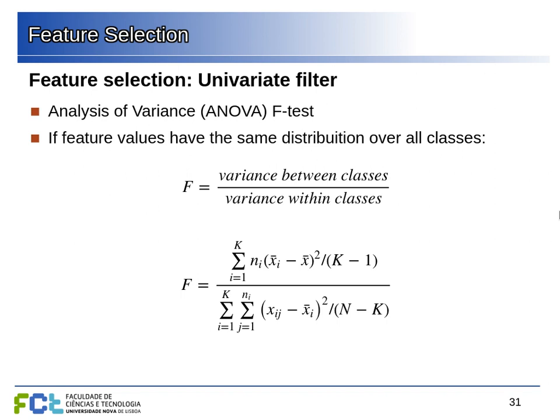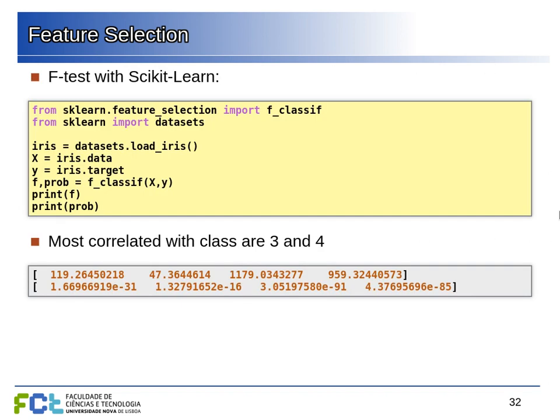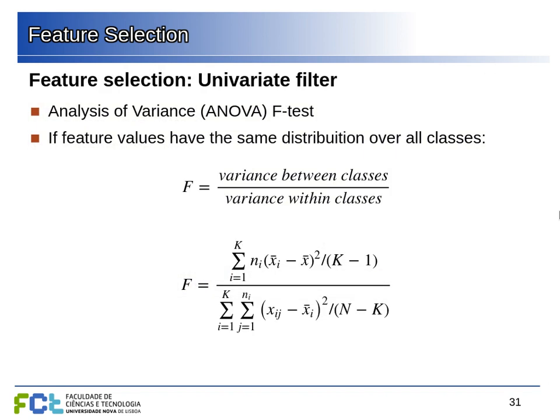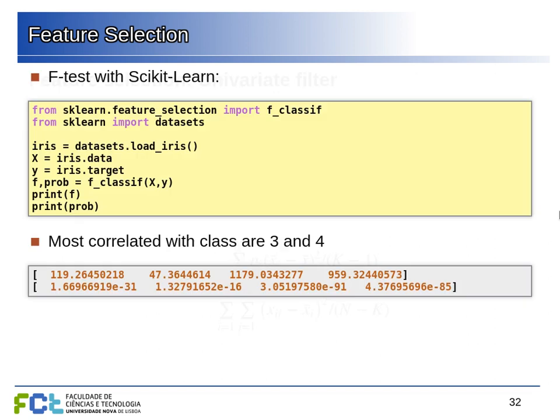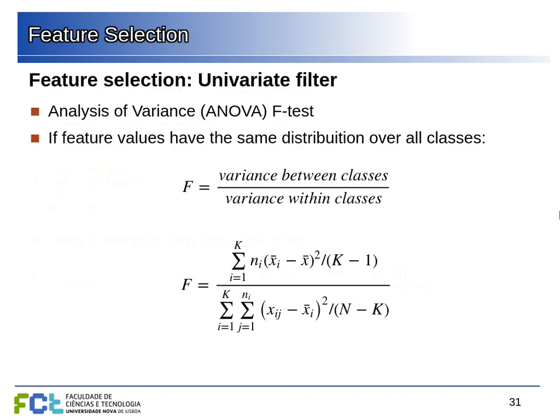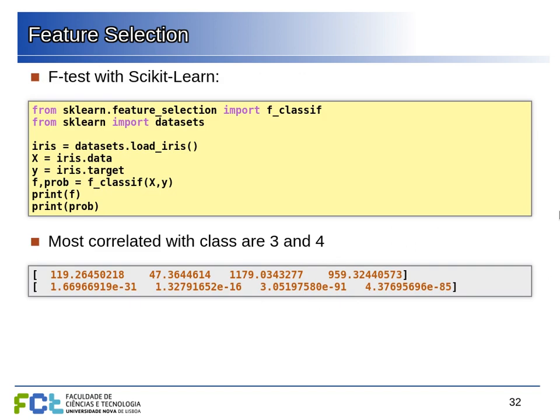So if we want to do this analysis of variance, or this F-test, with scikit-learn, we have this f_classif method that we can use to compute those values for the F distribution, so these fractions here, and the corresponding probabilities of having those values if the null hypothesis is true.